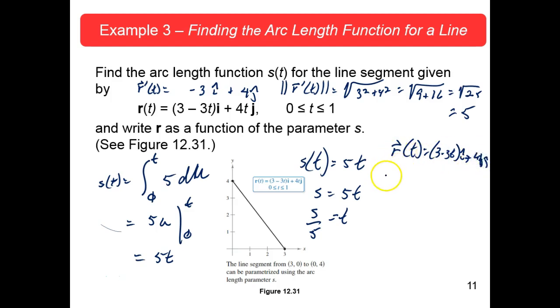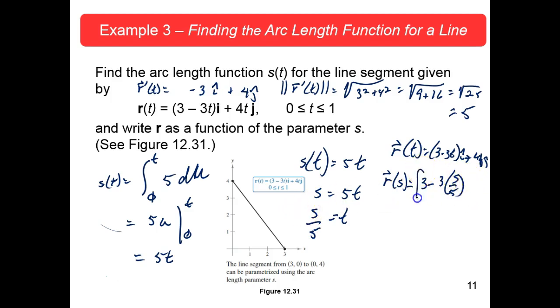So r as a function of s would be 3 minus 3 times s over 5, because that's what your t is.